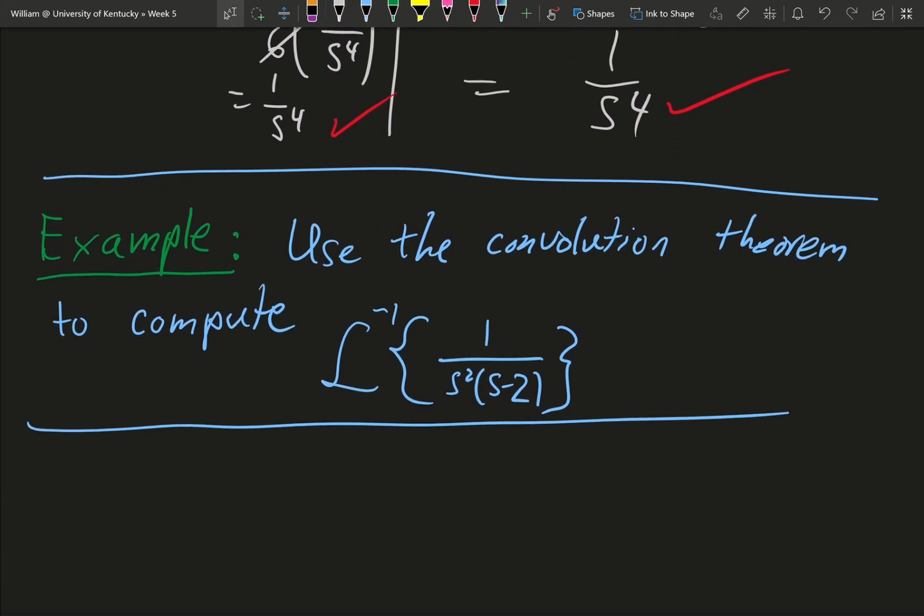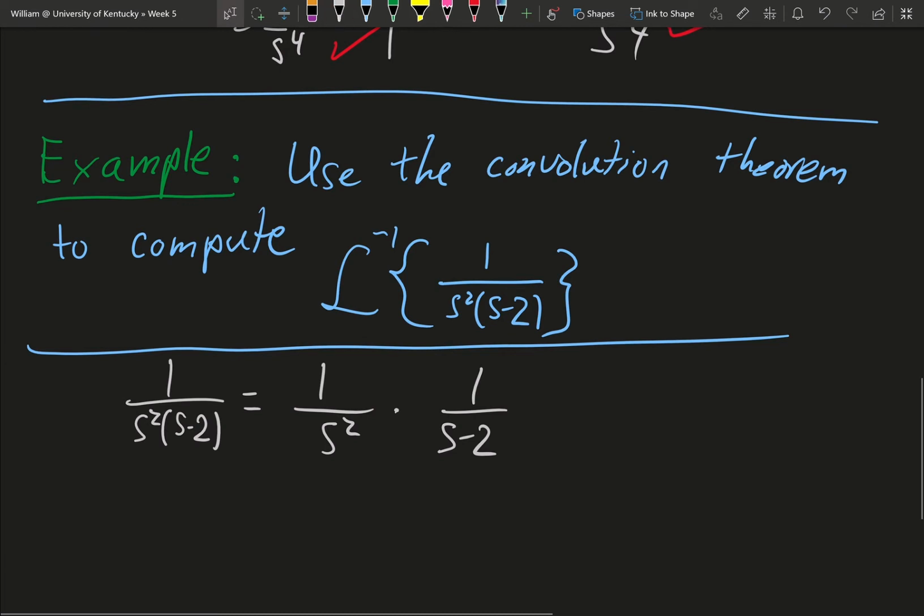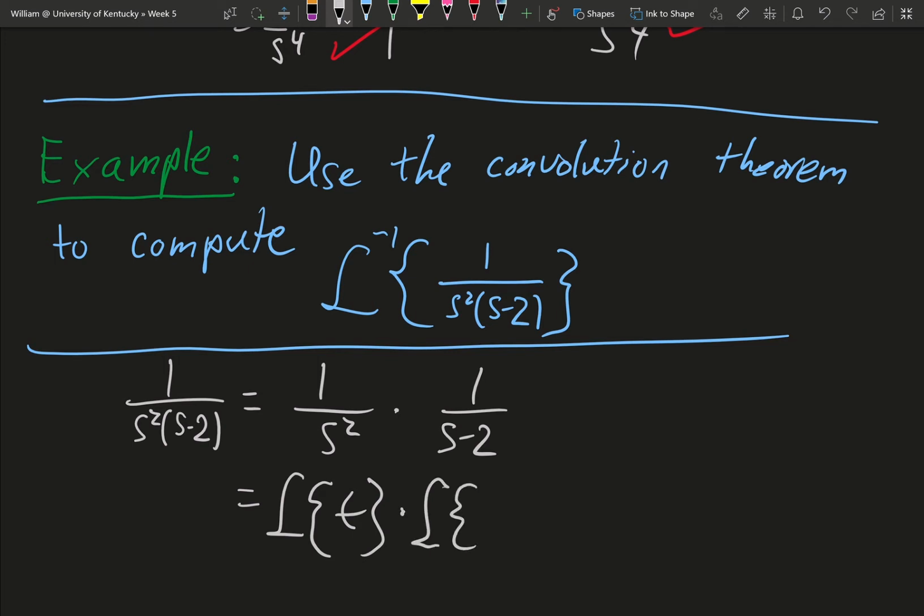So we note that 1 over s squared times s minus 2 is just the product of 1 over s squared and 1 over s minus 2. 1 over s squared is the Laplace transform of t, and 1 over s minus 2 is the Laplace transform of e to the 2t.